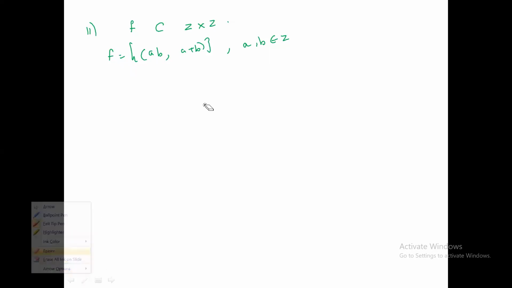We'll go to the next question, 11th. F be the subset of Z cross Z. F is given as ordered pairs (a b, a plus b) for a and b belonging to Z. So this is the set.